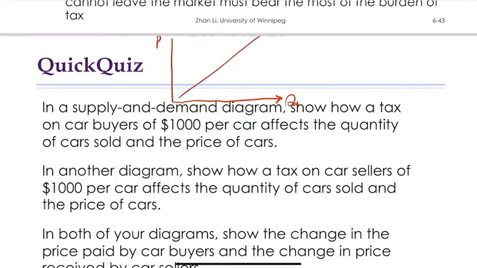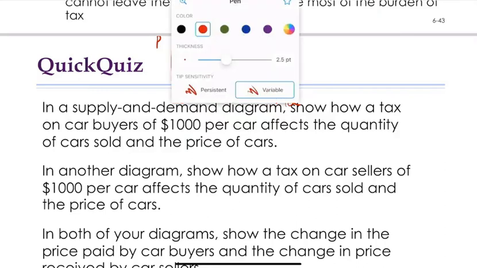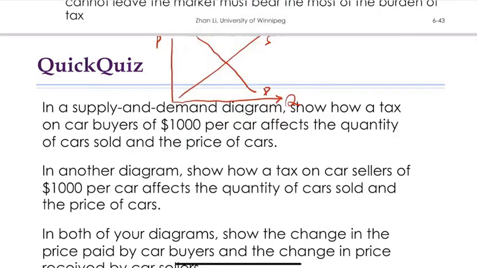So let's say this is the original demand and supply curve. And now, tax imposed on buyers. So we should shift the demand curve. And the original price was given by, let's just call this P. And after shifting the curve, we will have two prices.